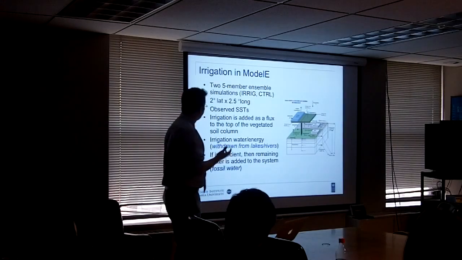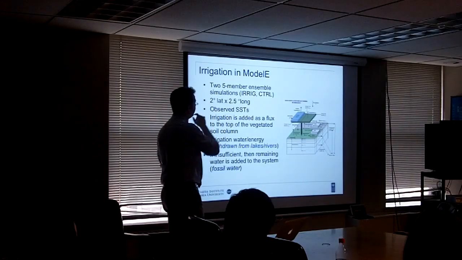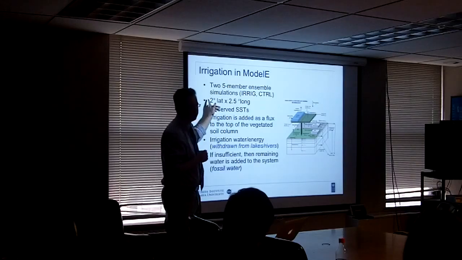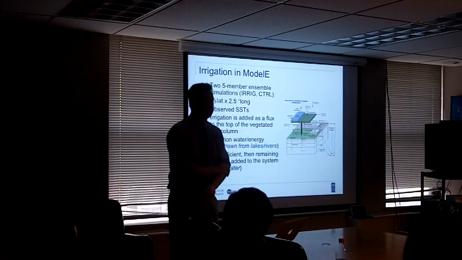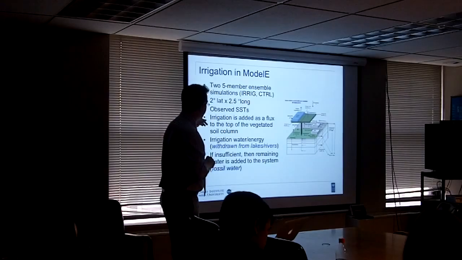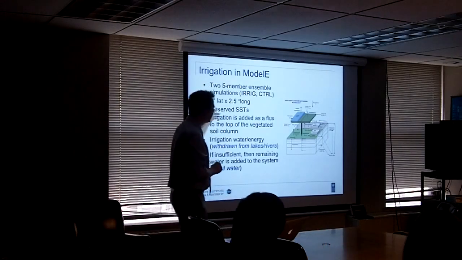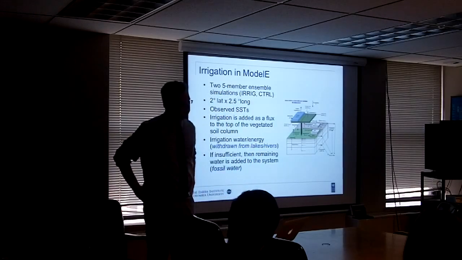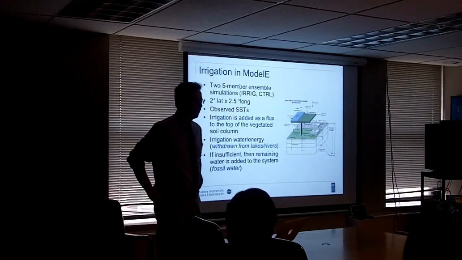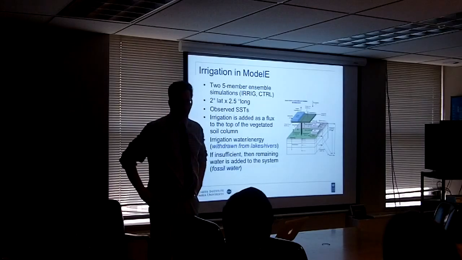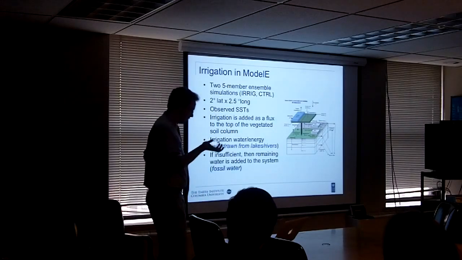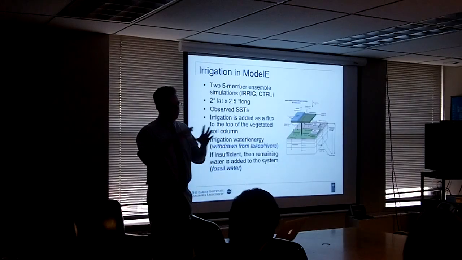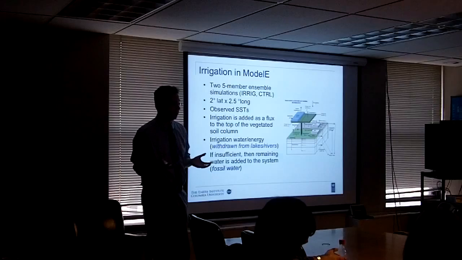For these results, we have 5-member ensemble simulations. We're using the F40, the 2x2.5 ModelE with observed sea surface temperatures. And so we have irrigation added to the top of your soil column as a flux. Now I used an irrigation data set that was from an offline water balance model, where they estimated the volumes of water associated with irrigation using a global offline land surface model.